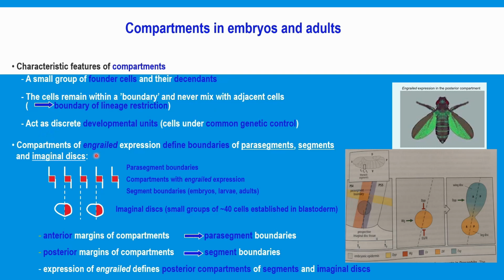And engrailed defines these boundaries of parasegments, segments, and in the imaginal discs, the posterior compartment is defined by engrailed. Here we see a fly with, it could be an engrailed GAL4 driving expression of UAS GFP, and we see its expression in the posterior segments in the abdomen and in the posterior portion of the wing, as well as the posterior parts of the thorax.